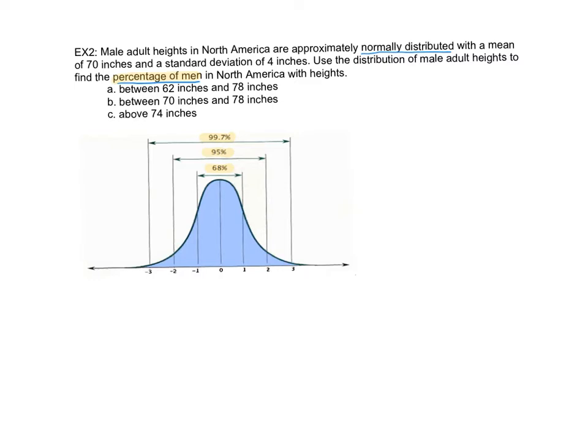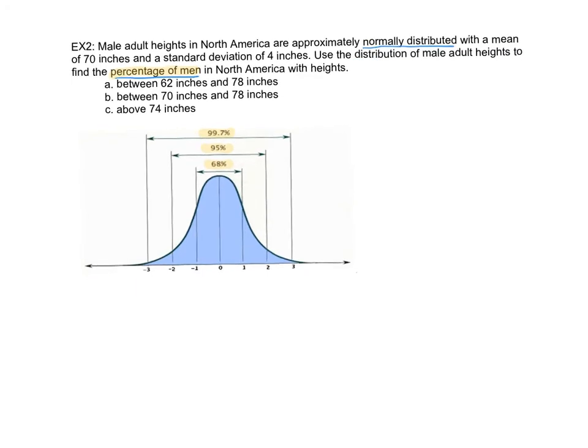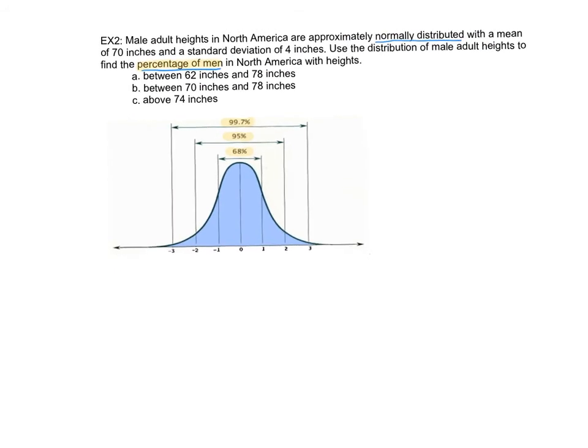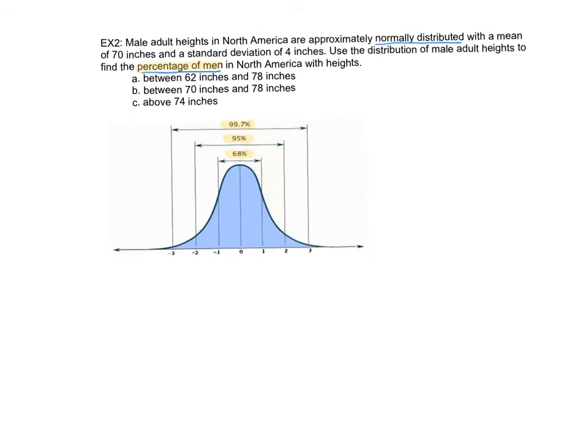What I'm going to do is use this graph and label it like I did in a previous example. Remember 70 inches was our mean. So on my graph where the 0 is, I'm going to put a 70 there. And then the standard deviation is 4. So if I keep adding 4, 1 standard deviation above the mean would be 74, and then 78, and then 82 would be the height that corresponds to 3 standard deviations above the mean.